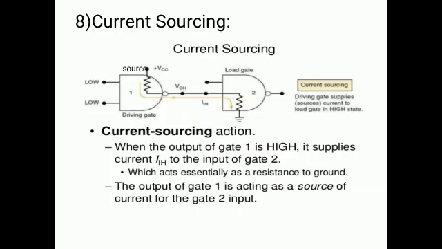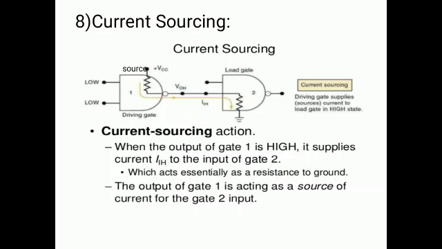So this current, which is denoted by IIH, is flowing to the input of the gate 2 through the resistor and then to the ground. So here the driving gate is supplying the current to the load gate.